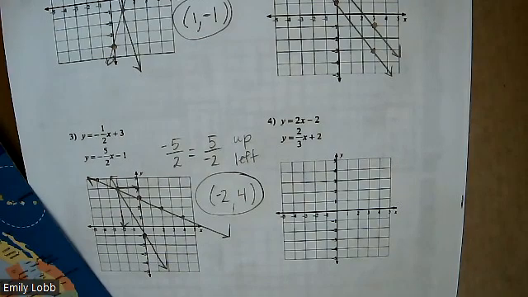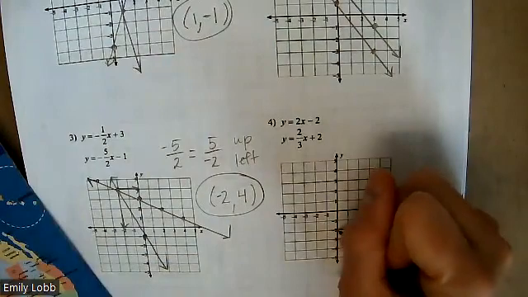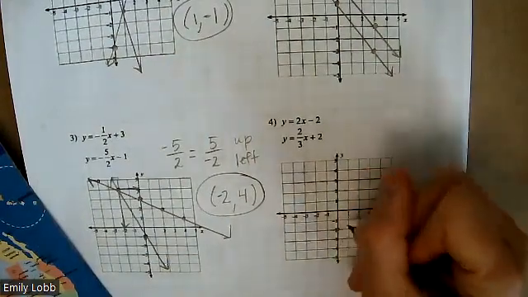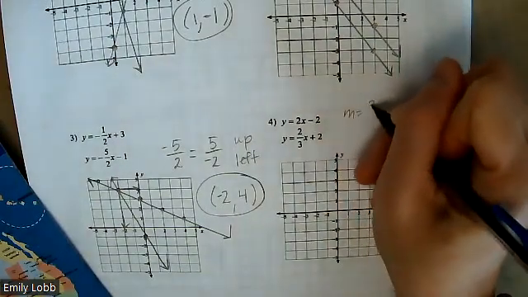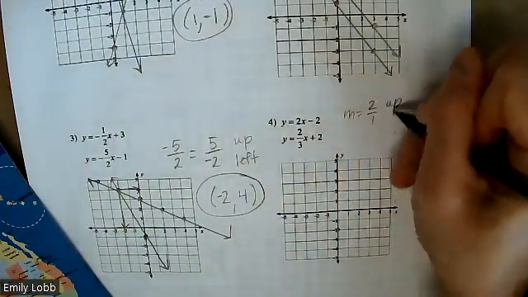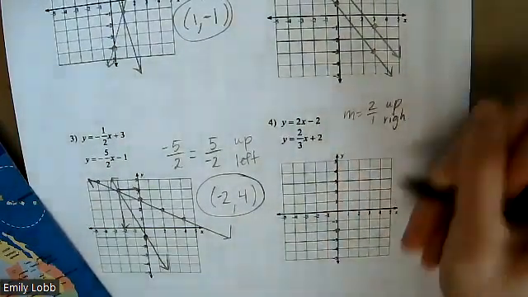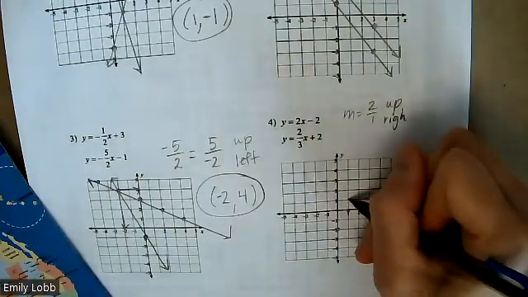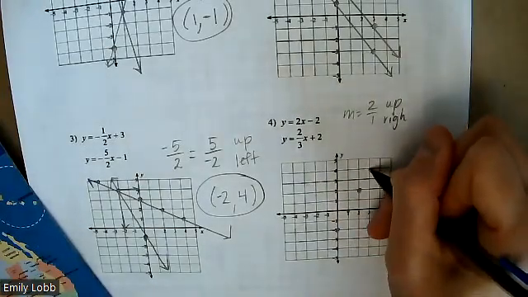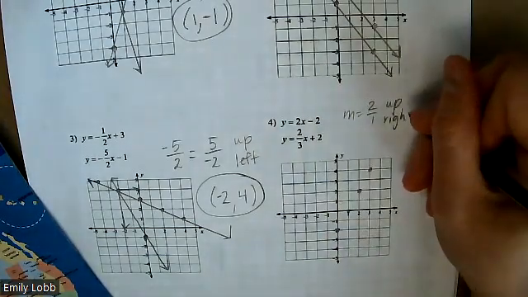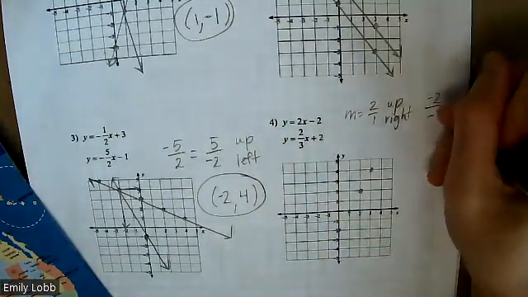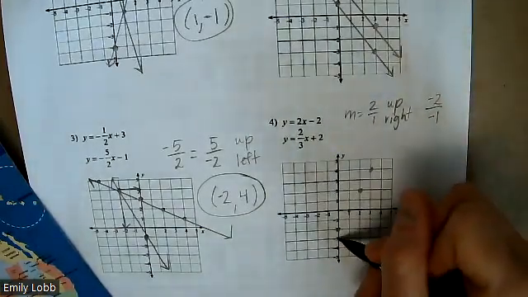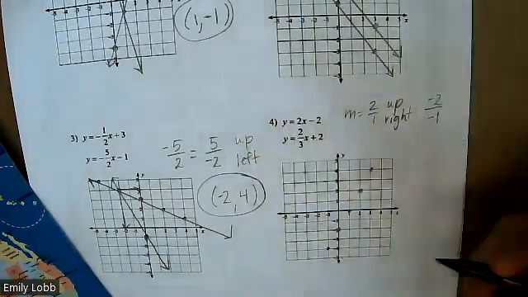And number 4, a slope of -2 is the same as a slope of -2 over 1. So 2 up, 1 right, or this is the same as -2 over -1, so down 2, left 1.